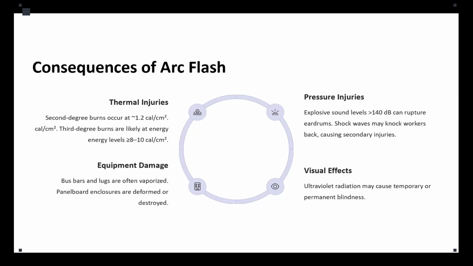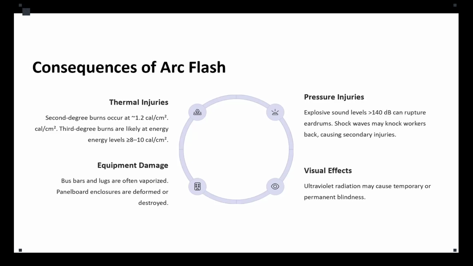Now, another consequence would be the visual effects. The arc doesn't just emit heat, as we said, it also releases intense ultraviolet radiation and visible light, both of which can be dangerous for the eyes.